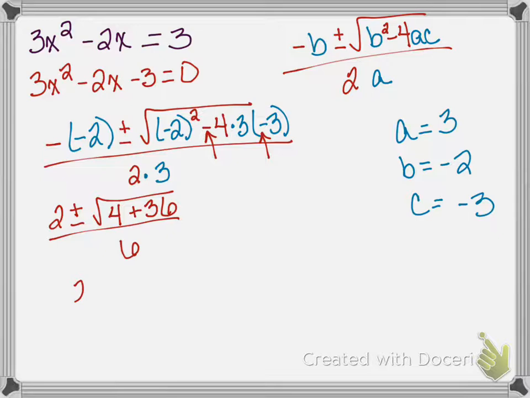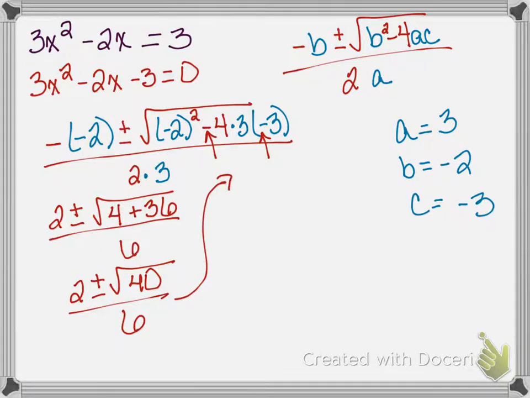Okay? 2 plus or minus the square root of 40 over 6. The key, though, is that 40 can be simplified. It has a perfect square factor. What is its perfect square factor? 4. We have 4 times 10. The reason we picked 4 is because it's perfect.